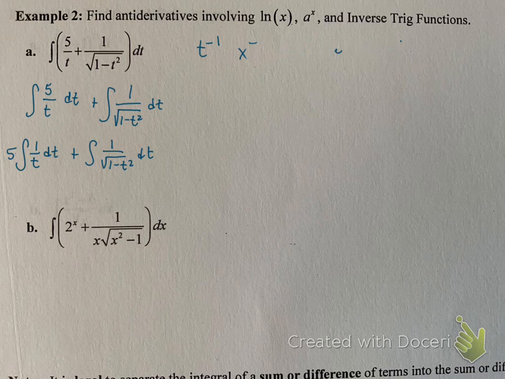But there is a rule for this. So if you look through your page 2, you will see that the rule is the integration of 1 over x dx equals ln of the absolute value of x plus c, okay? And by the way, that was rule number 10.